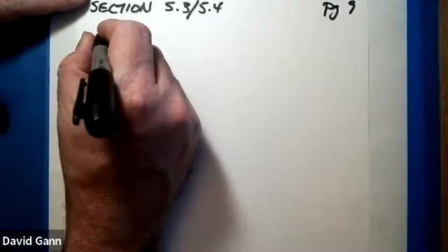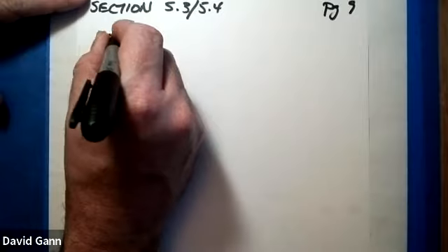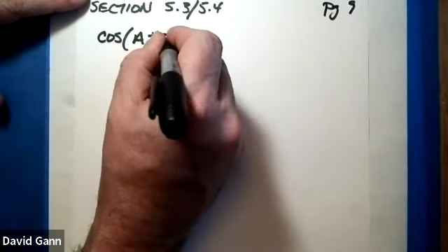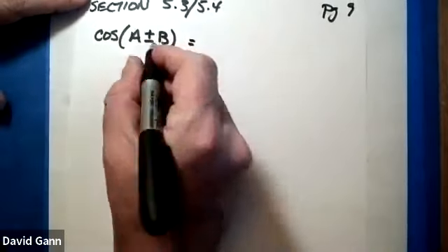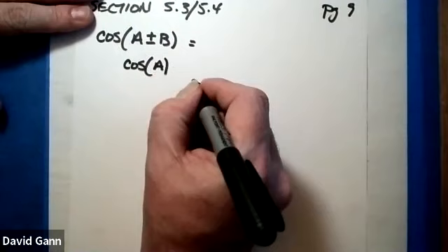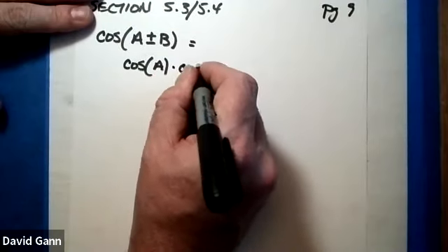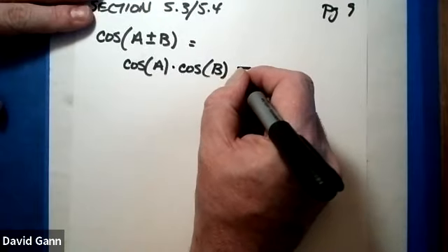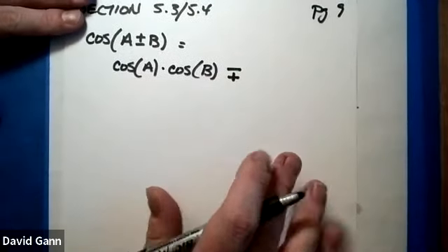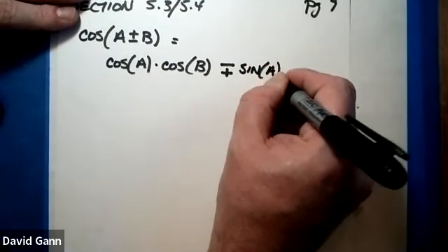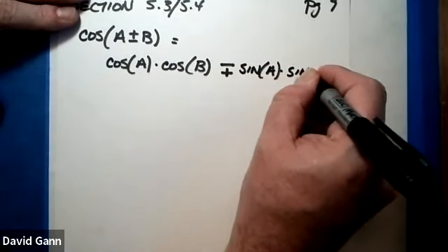So we said that cosine of a sum or difference is equal to the cosine of the first angle times the cosine of the second angle, reverse the sign, so minus plus sine of the first angle times sine of the second angle.